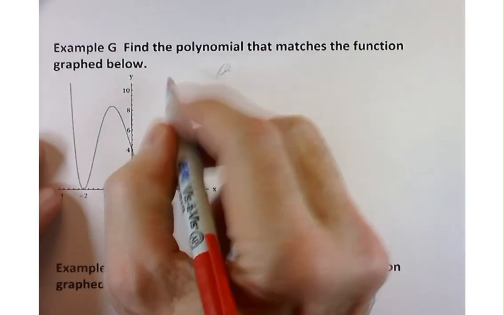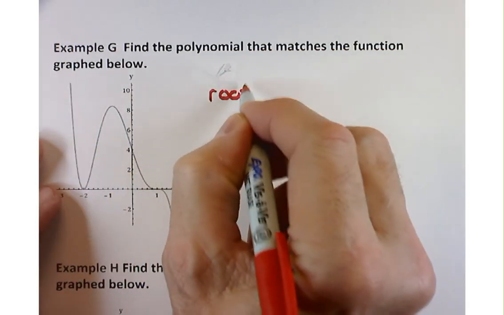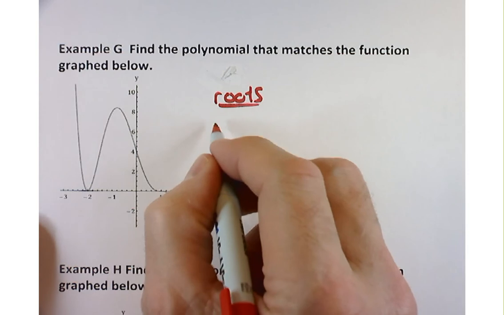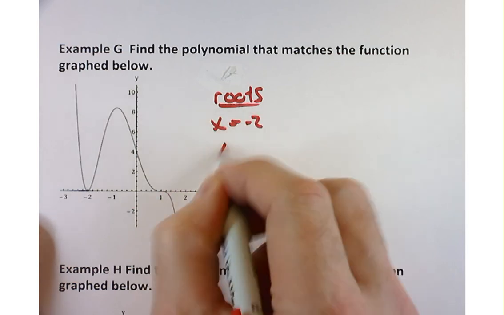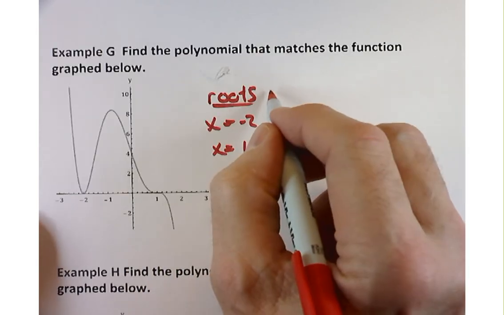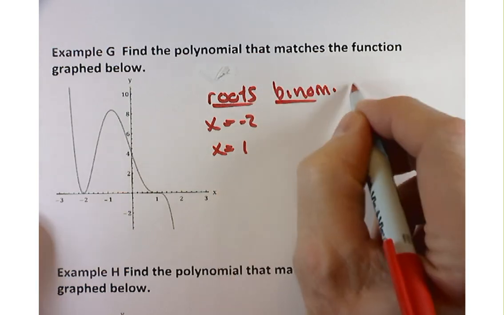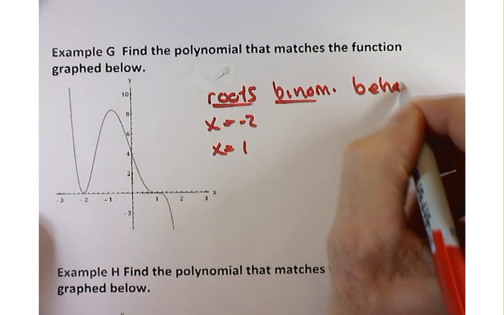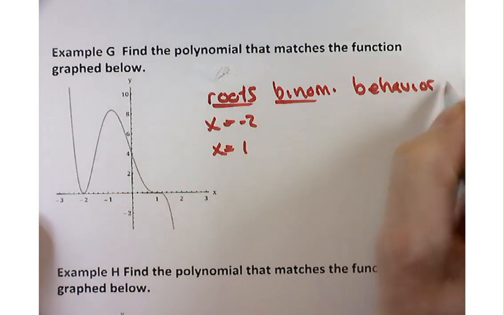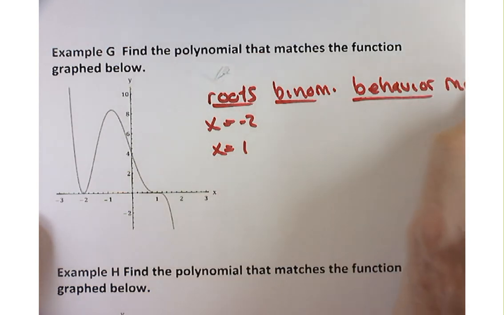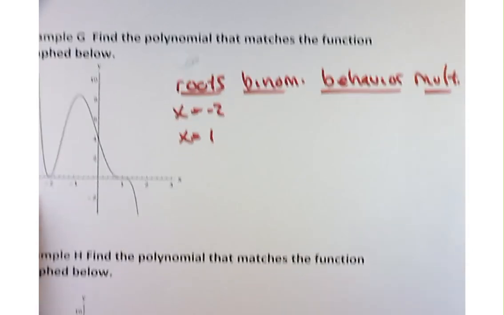So let's look at the roots. This is going to have roots at x equal -2 and x equal 1. Then the binomial, the behavior, and finally the multiplicity. So fill in this chart for both of these.